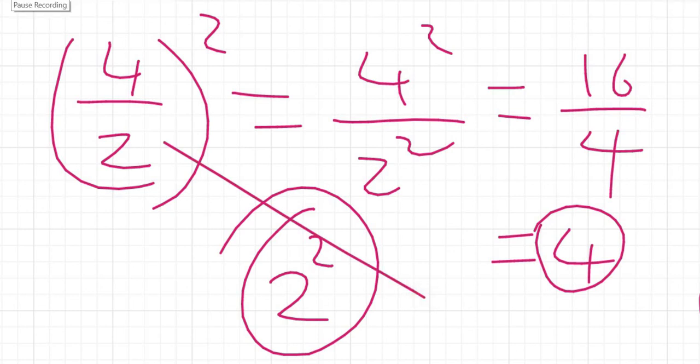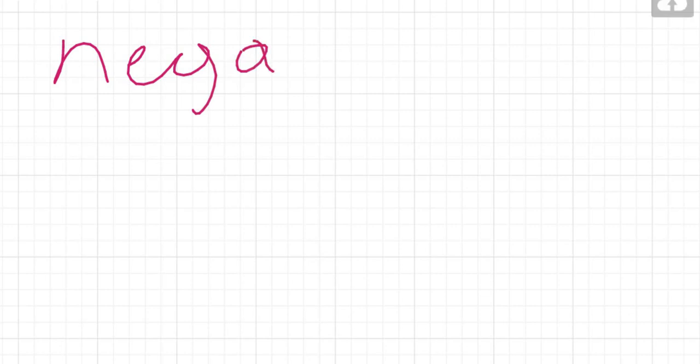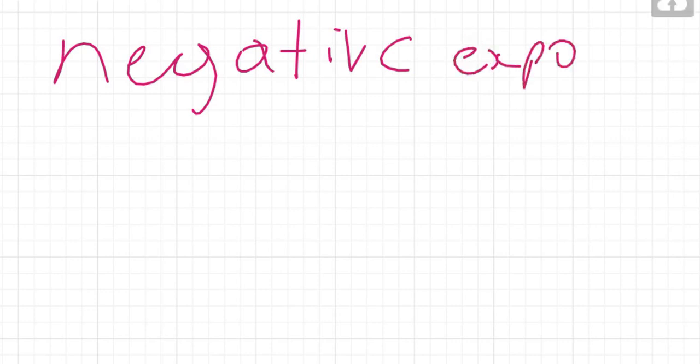So let's look at the other law. We're looking at negative exponents. Look at negative exponents. It's always saying that we have base numbers that carry negative powers or exponents with them.